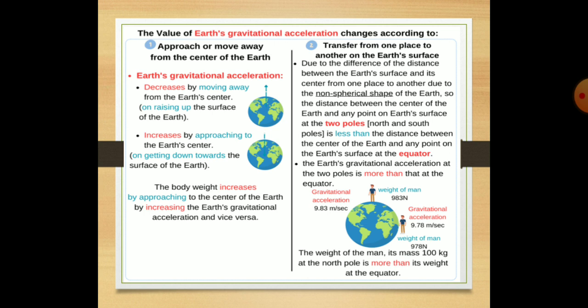So the distance between the center of the Earth and any point on the Earth's surface at the two poles is less than the distance between the center of the Earth and any point on the Earth's surface at the equator. So the Earth's gravitational acceleration at the two poles is more than that at the equator.